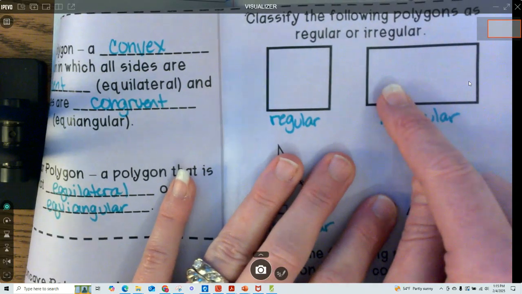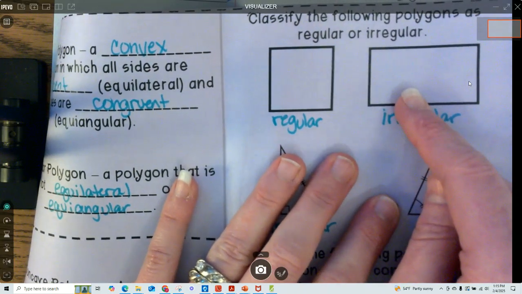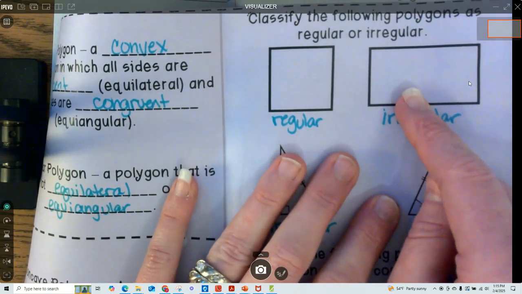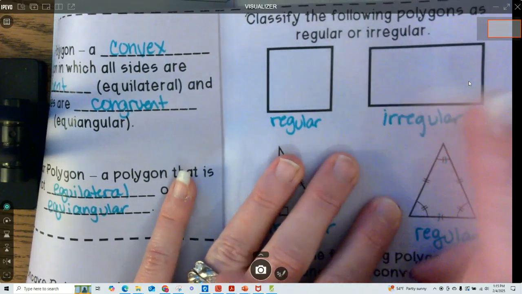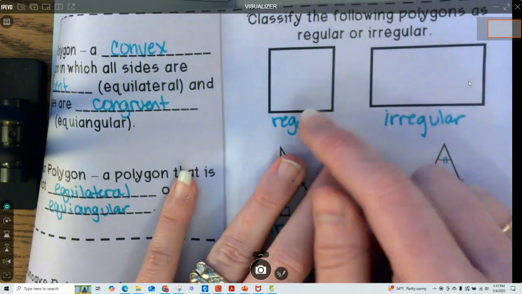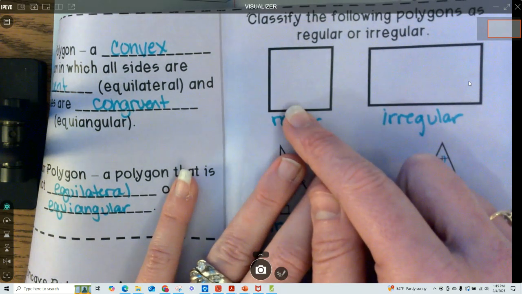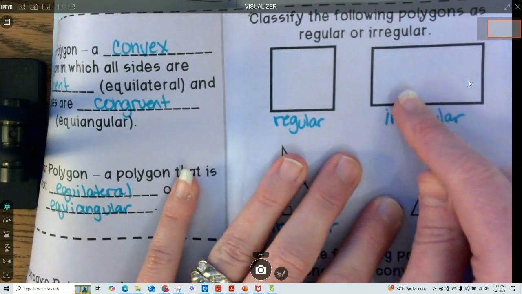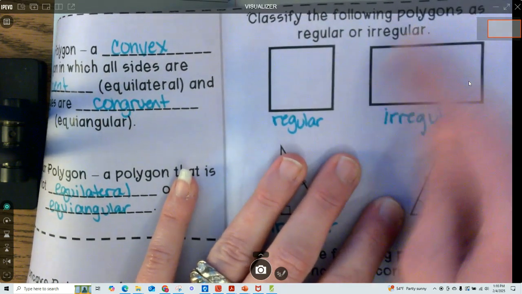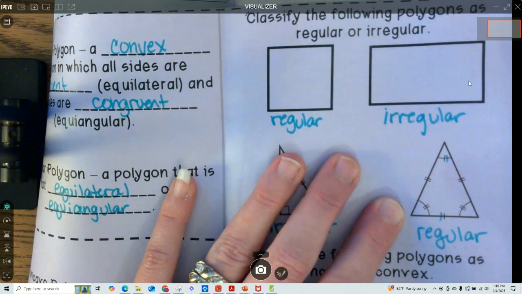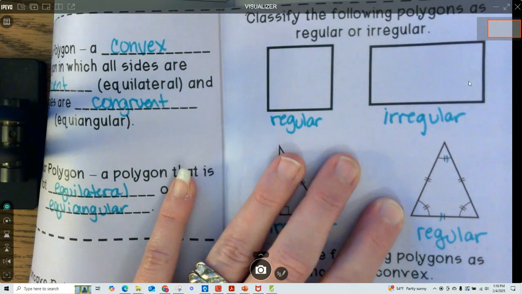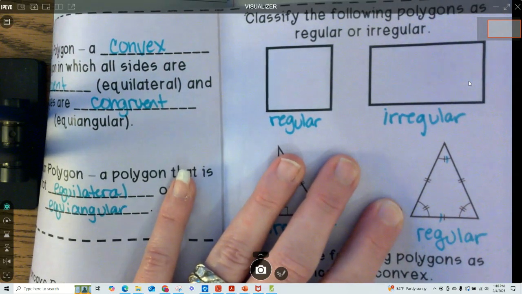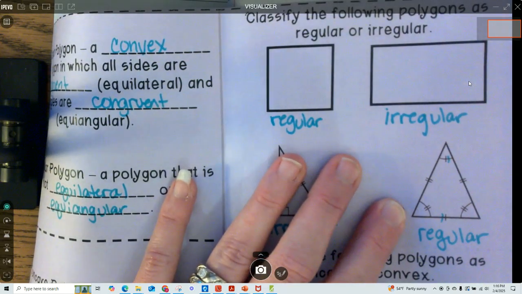So like a rectangle, this one always throws me because a rectangle seems like a pretty normal shape. But if we're being specific, a square is a regular polygon and a rectangle is irregular because all 4 sides don't measure the same. So if all the sides are the same and all the angles are the same, then it's regular. If there's one side that's different from the rest of them, automatically it's irregular.